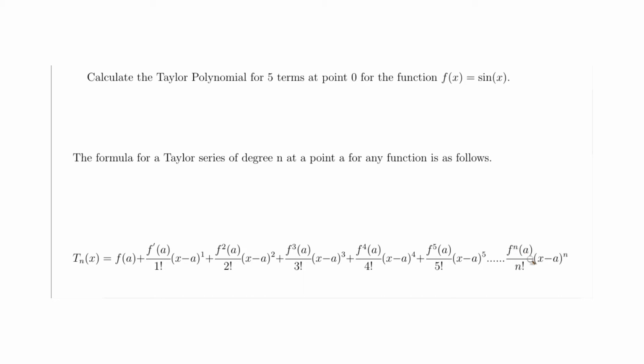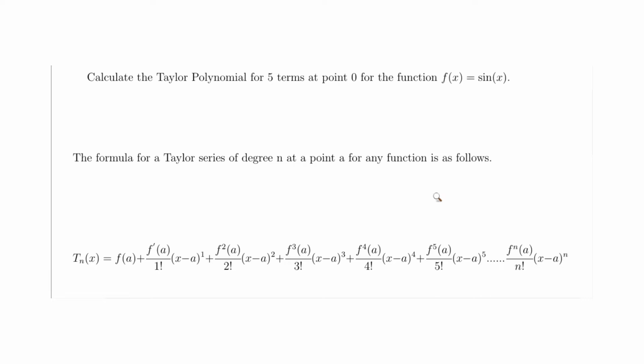The nth derivative of a over n factorial, times x minus a to the power of n, is true for all terms. If you had 15 terms, you'd have the 15th derivative, 15 factorial, x minus a to the power of 15.